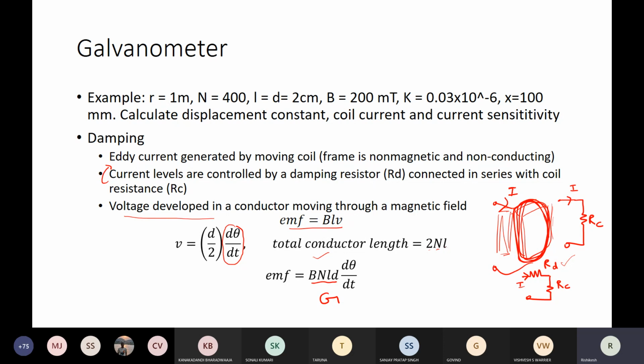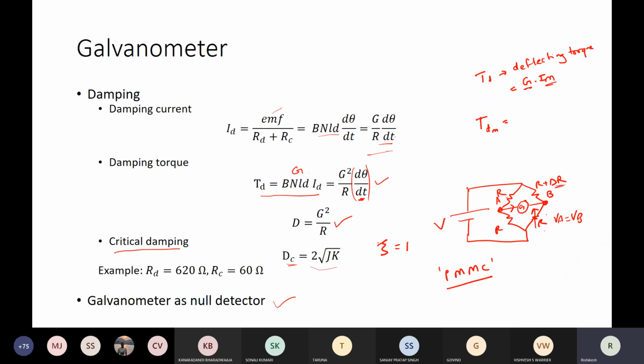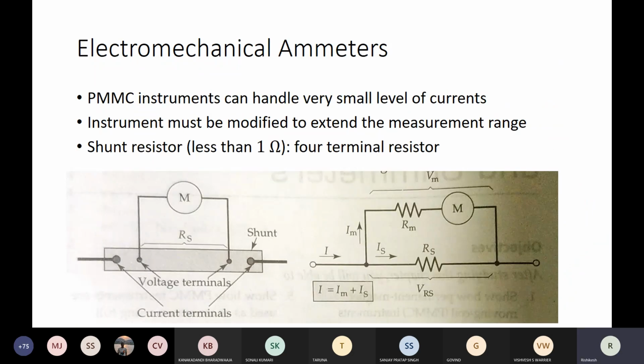But let's say you want to design an ammeter which can measure current from 0 to, let's say, 500 milliampere. In that case, one cannot use this PMMC because it will saturate. So we look at how they can be used to modify the measurement range of the instrument.